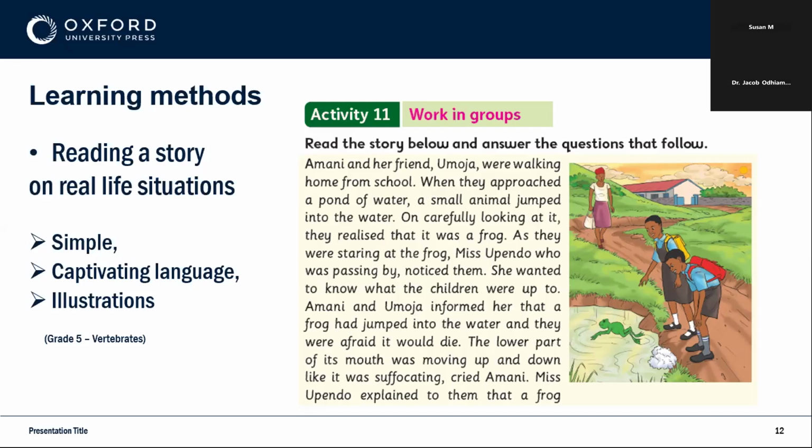So here is a story in grade 5 when they are learning about vertebrates. The story is about the learners seeing a frog, talking about the frog. And through that story, once they read it, they understand more about the frog.